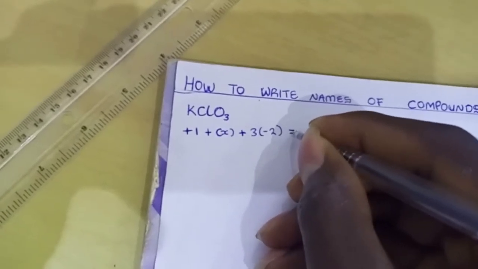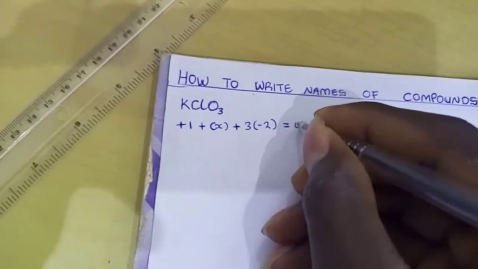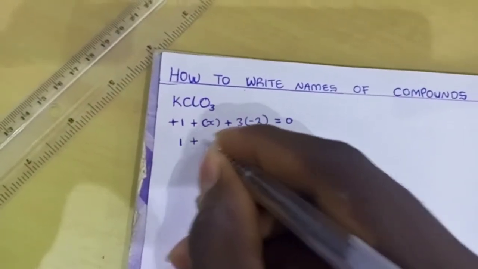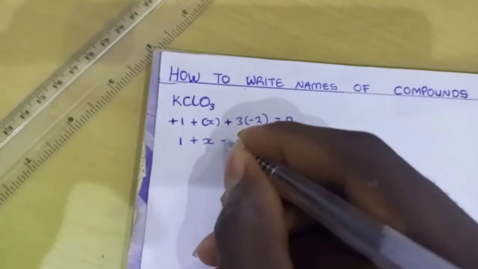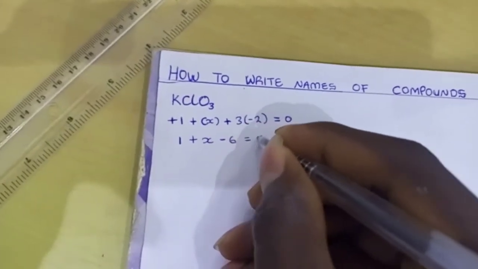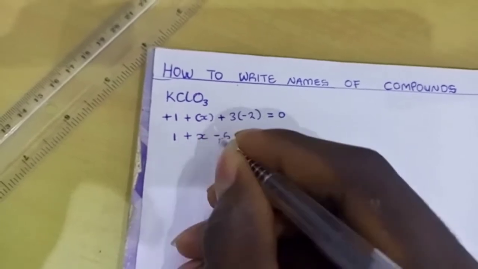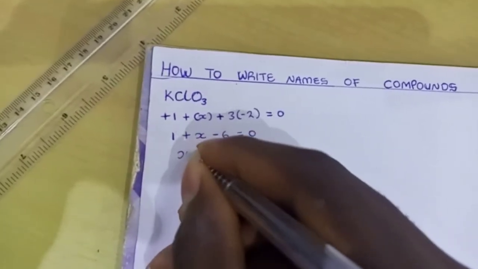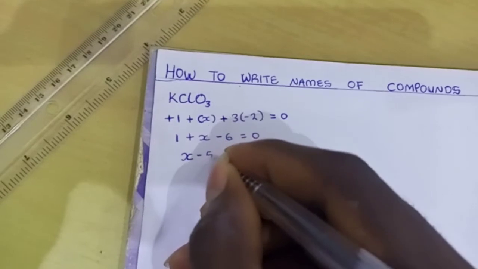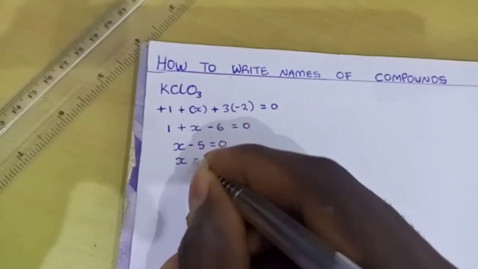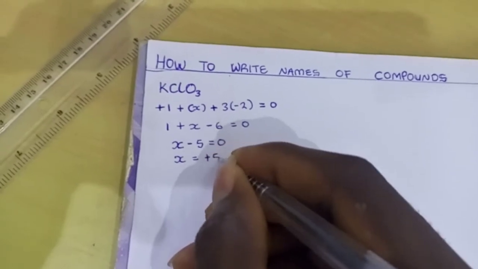Since this is a neutral compound, we equate everything to 0. So 1 plus X minus 6 equals 0. 1 minus 6 will give us minus 5, so X minus 5 equals 0.